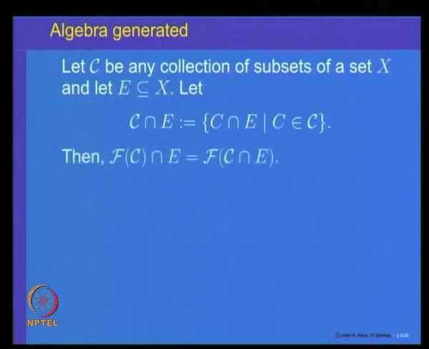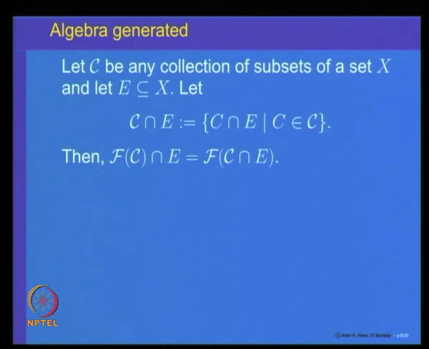So, f of C intersection E is the same as the algebra generated by C intersected with E. This is a very useful thing of restricting, in some sense, the sigma algebras or the algebras. So, what we are saying is, C is any collection of subsets of a set X, E contained in X fixed, define C intersection E to be the sets C intersection E, where C belongs to C.